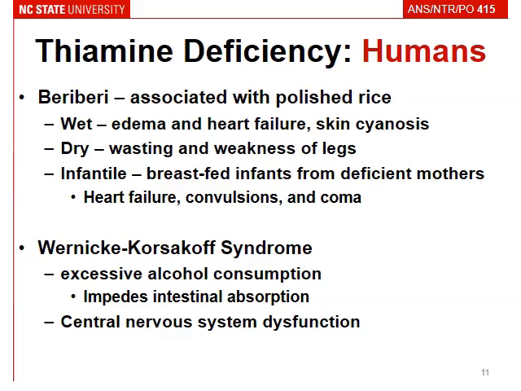And as you remember, we need thiamine in order to break down ethanol or alcohol. And so if you're constantly drinking, you're going to end up with a potential thiamine deficiency. And you usually end up seeing central nervous system dysfunction.